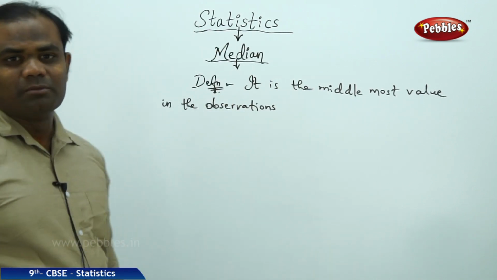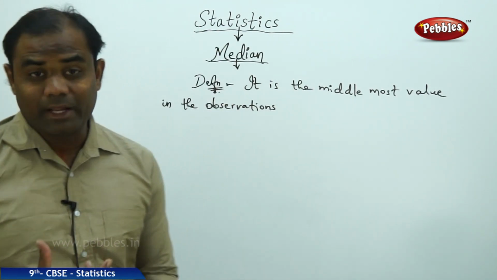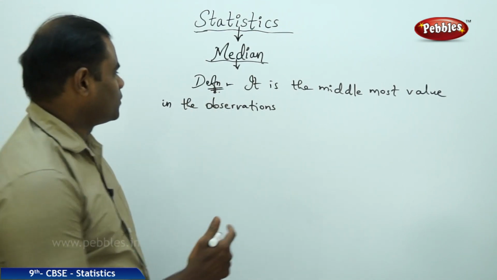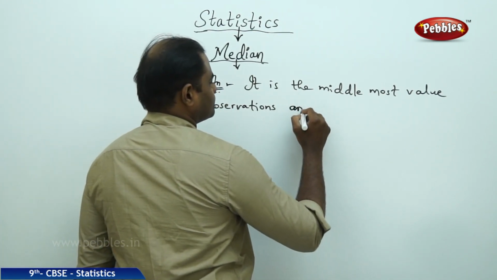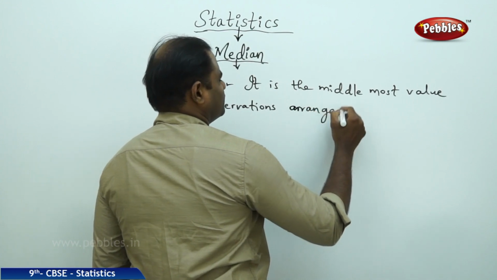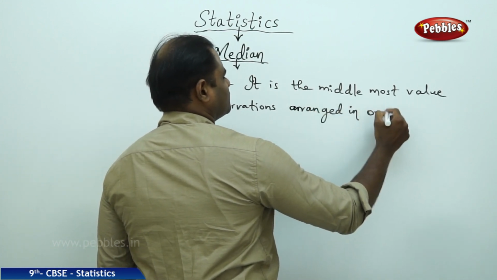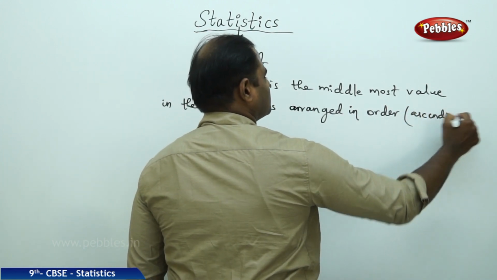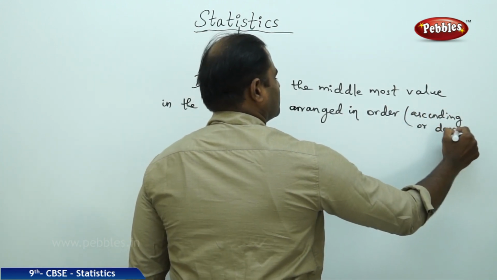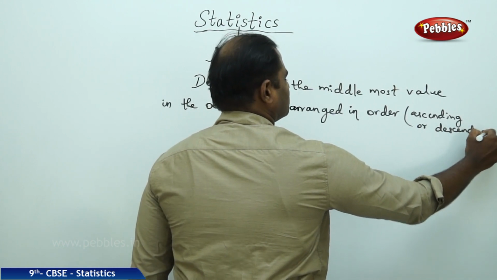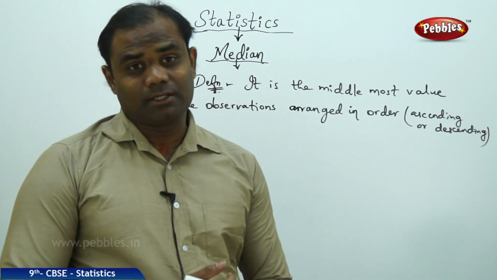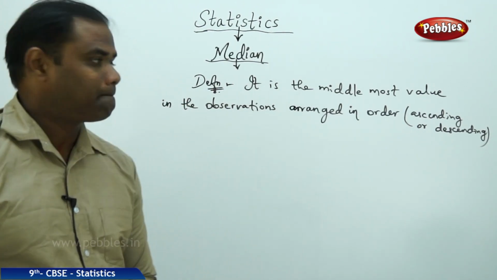So if you pick the middlemost value, then that middle value is called the median. It is the middlemost value in the observations which are arranged in ascending or descending order. We have a rule here that the data has to be arranged in ascending or descending order.